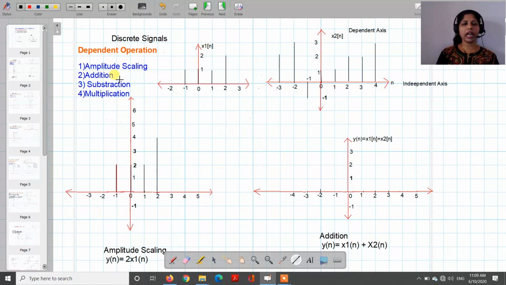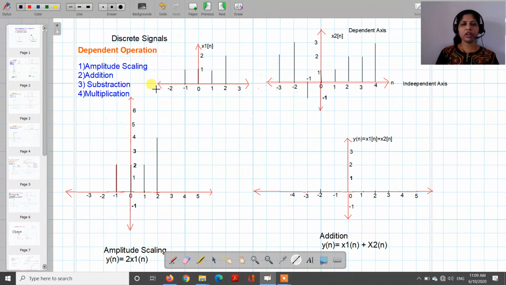Next operation: addition between the two discrete signals. We have to perform x1 plus x2. While doing this addition, we have to take care of the independent axis. For example, on x2 at -3 the amplitude is 2, and on x1 at -3 no sample is present, meaning 2 plus 0. So at -3 for y[n], the amplitude is 2.